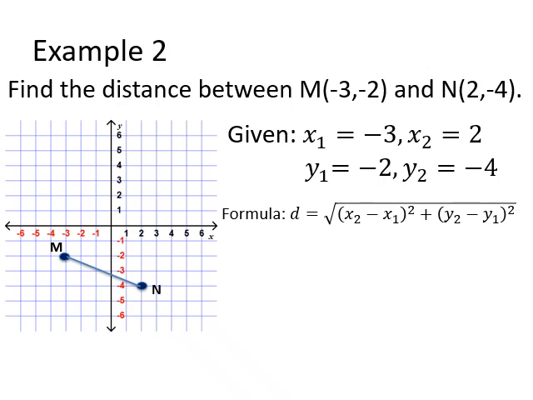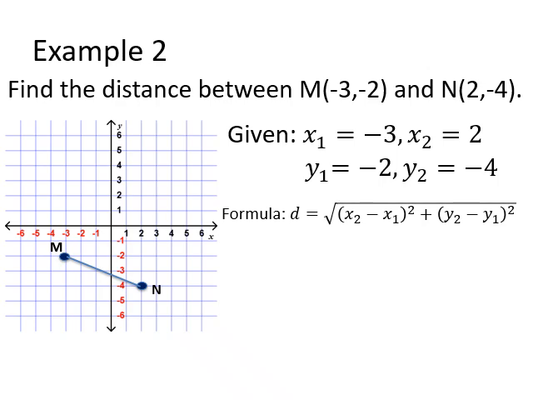So x sub 2 minus x sub 1 is the horizontal distance. And then add the vertical distance, which is y sub 2 minus y sub 1, and then square. So basically, again, these are the squares of the horizontal and vertical distance.